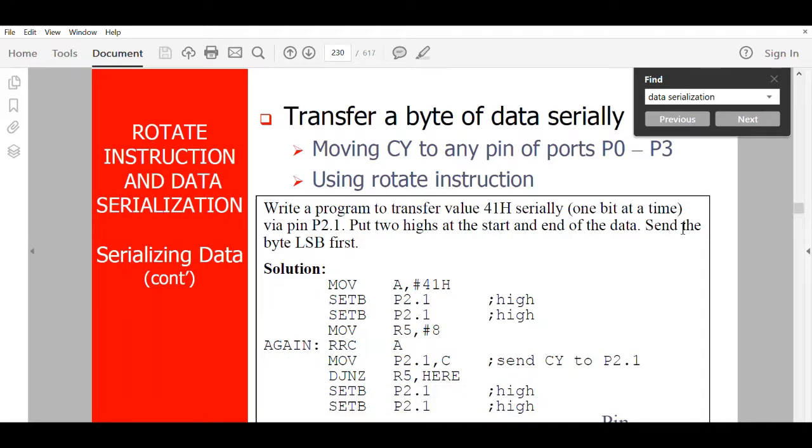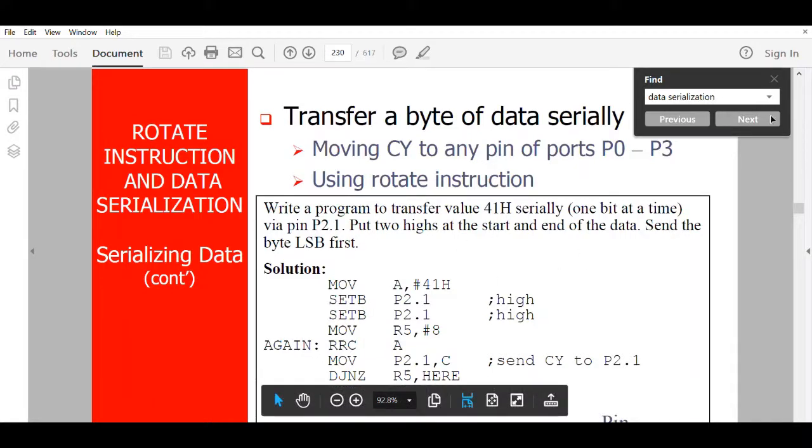That is, by rotating, you are sending out the bit starting from LSB or starting from MSB to a particular port, say port bit. So serially you're transmitting the data bit by bit to a port from the accumulator. This we have already dealt with.